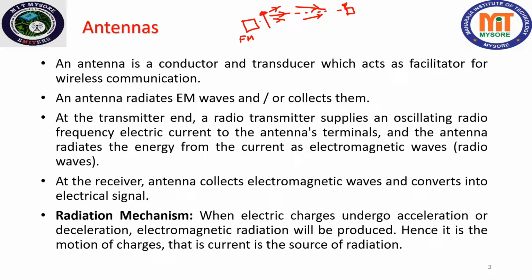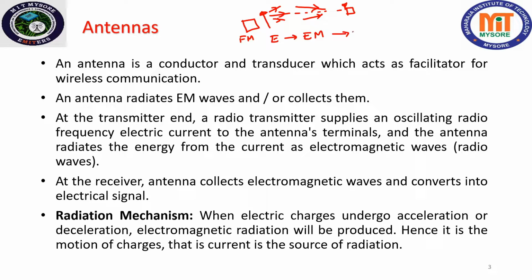So first, it is acting as a facilitator for wireless communication. Physically it is a conductor. Logically it is a transducer. What does it transduce? It converts electrical signal to electromagnetic waves at the transmitter end.